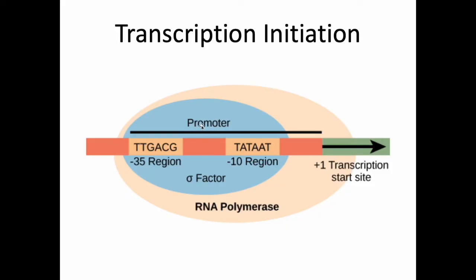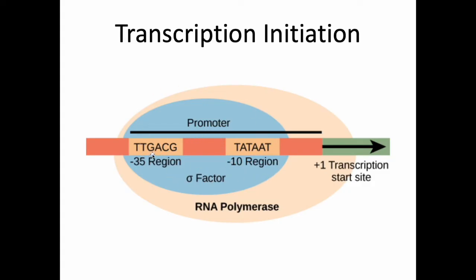The promoter is right before where you're going to start transcription. The gene that you are transcribing is going to be right after this promoter. The whole job of the promoter is to tell RNA polymerase where it's supposed to bind so it can start things. You don't want to start this gene in the middle. You don't want to start three-quarters of the way through. You want to start at the beginning. And the only way RNA Pol knows where the beginning is is if it has some sort of indication of that, and that's the promoter.